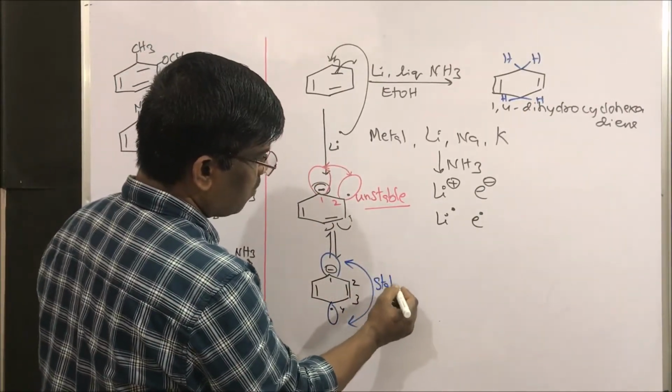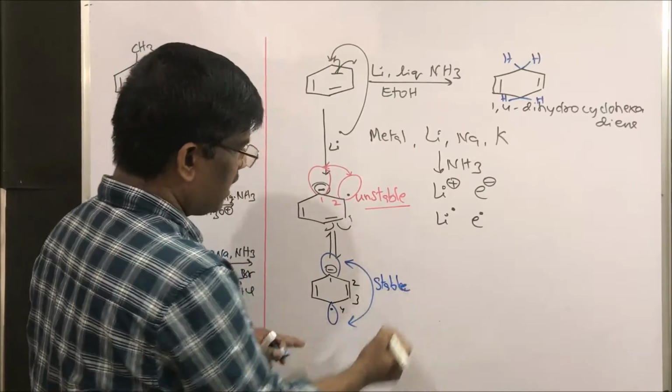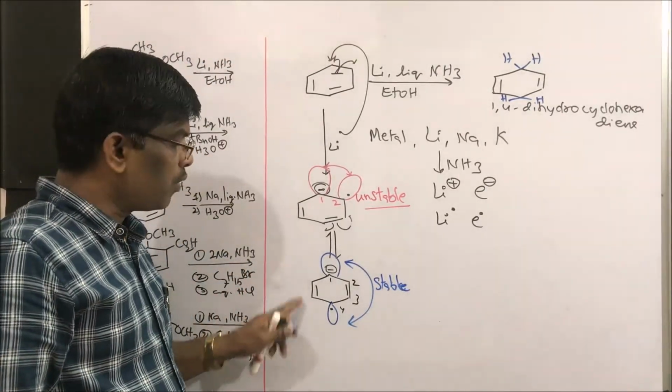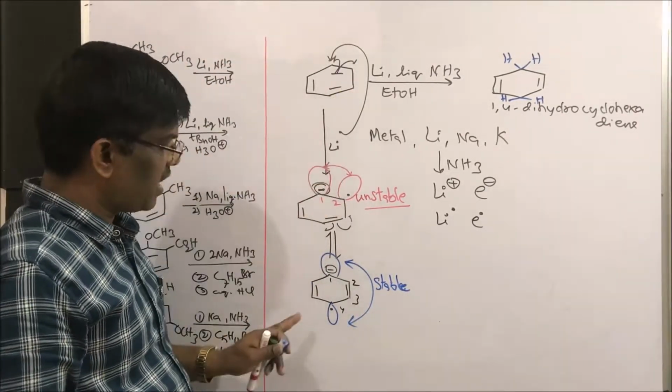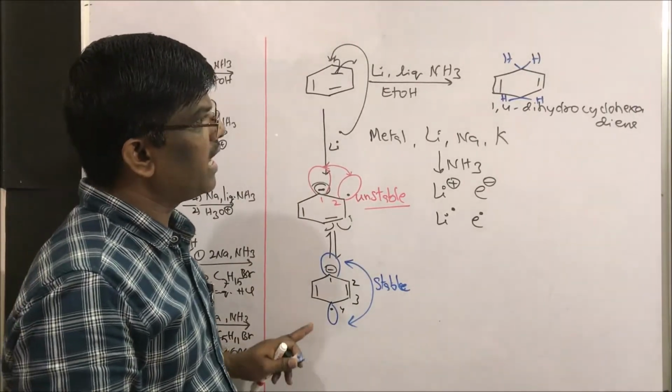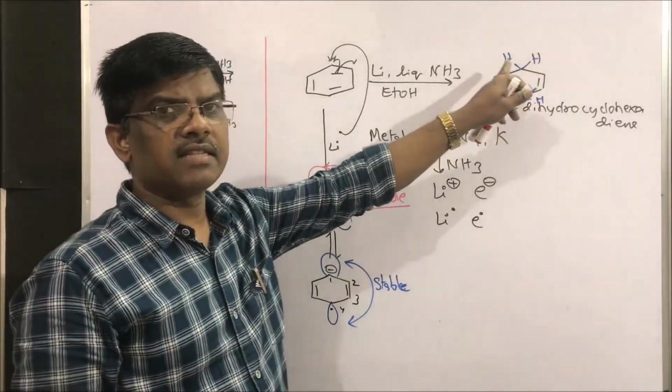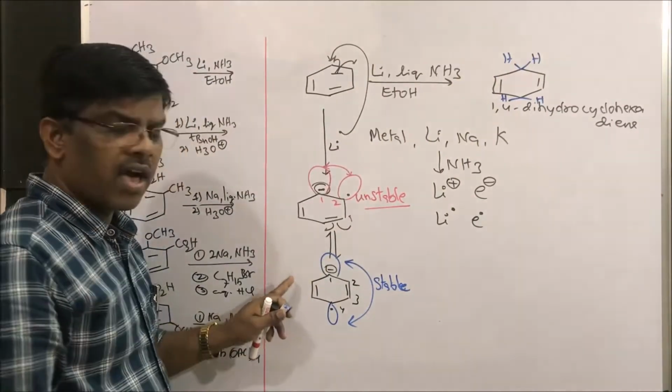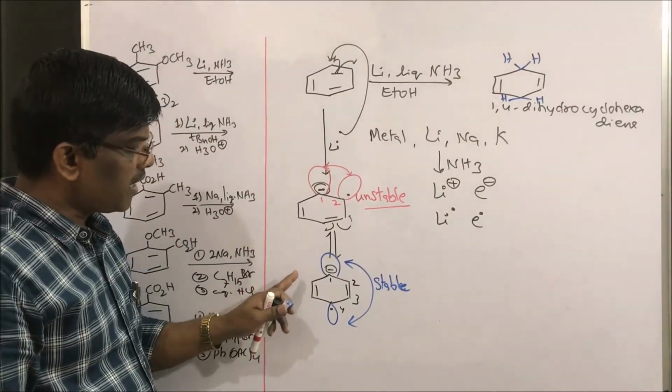So it is a stable intermediate. This is the proven mechanism of Birch reduction. So 1,4 addition takes place in the Birch reduction of aromatic compounds.